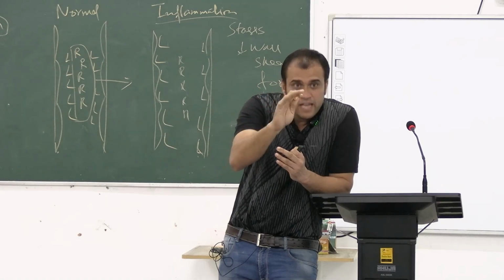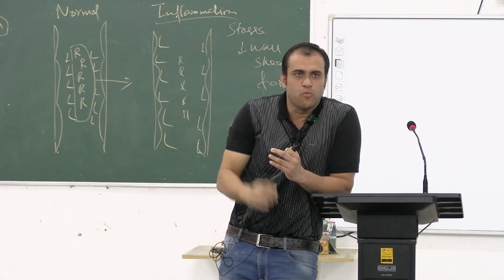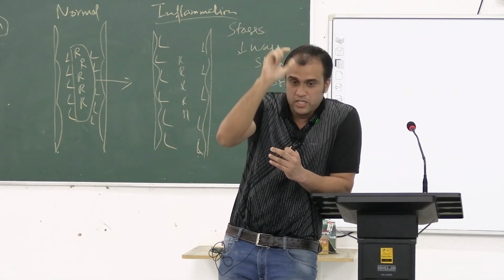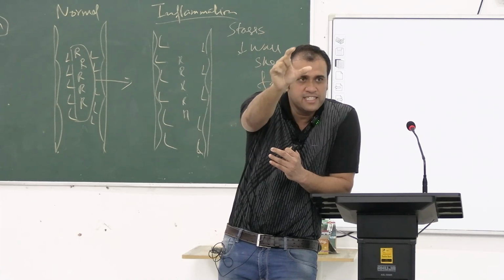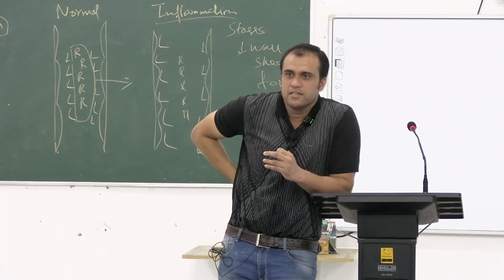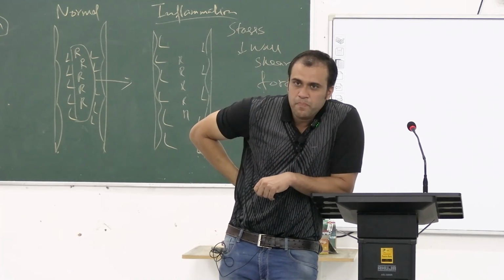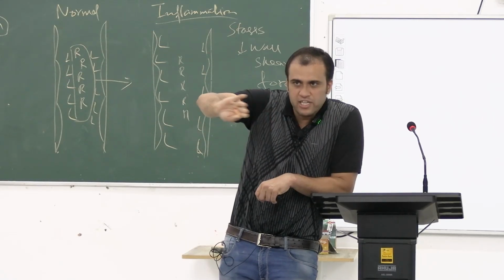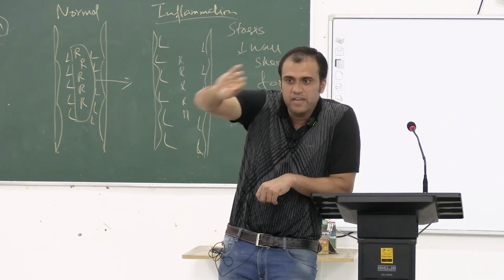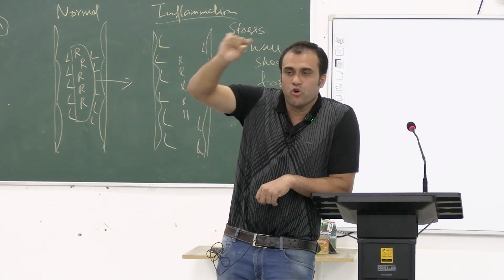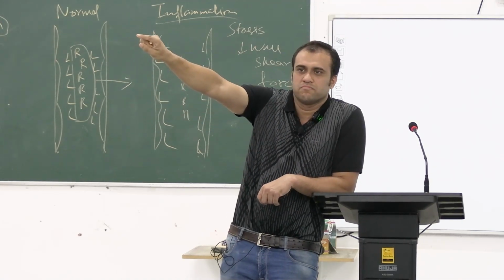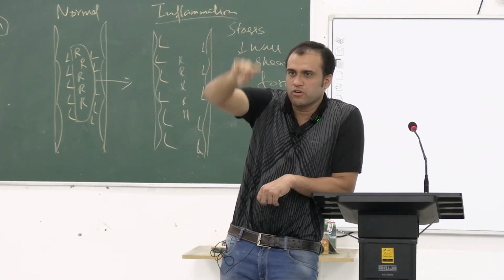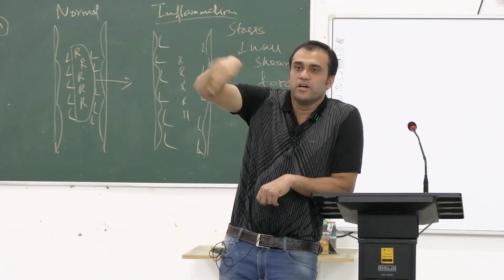During inflammation, first and foremost, there is stasis of the blood, meaning the blood flow slows down and the wall shear force decreases, which forces the leukocytes to assume an even more peripheral position, more towards the endothelium. So this particular thing is called margination.